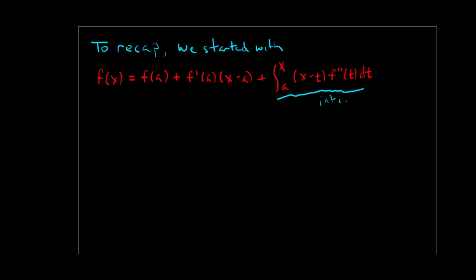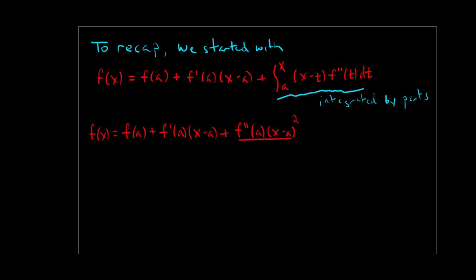We took that integral and we integrated it by parts. And when we did that, we got f of x equals f of a plus f prime of a times x minus a plus f double prime of a times (x minus a) quantity squared all over 2 plus a new integral from x to a of (x minus t) quantity squared all over 2 times f triple prime of t dt.